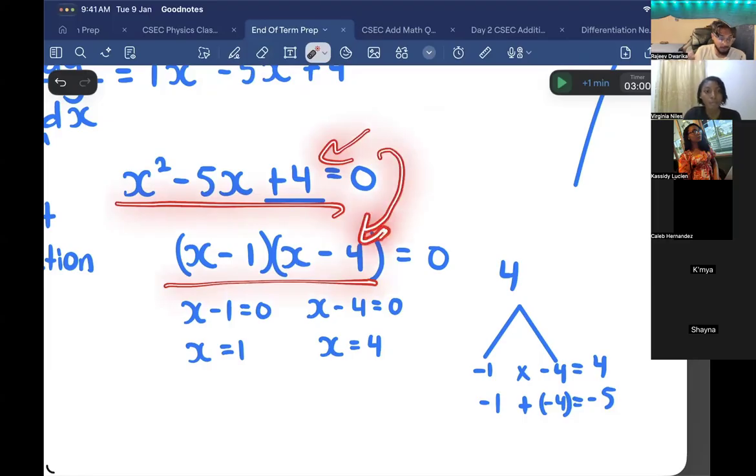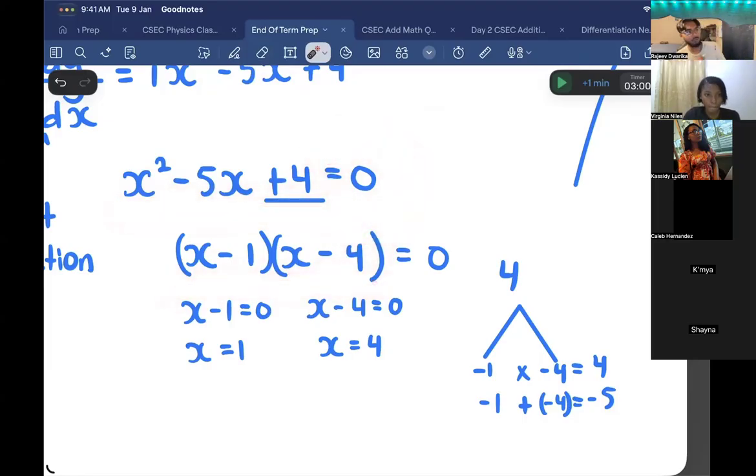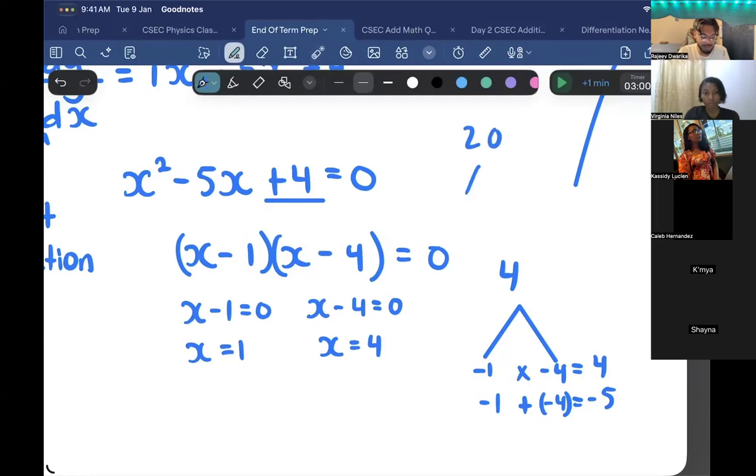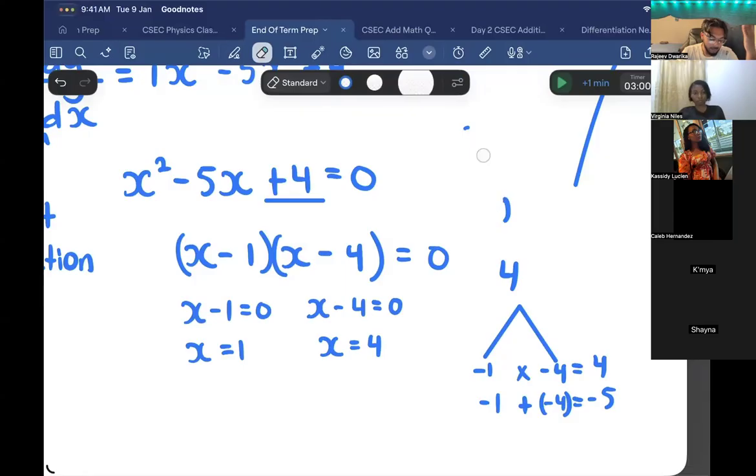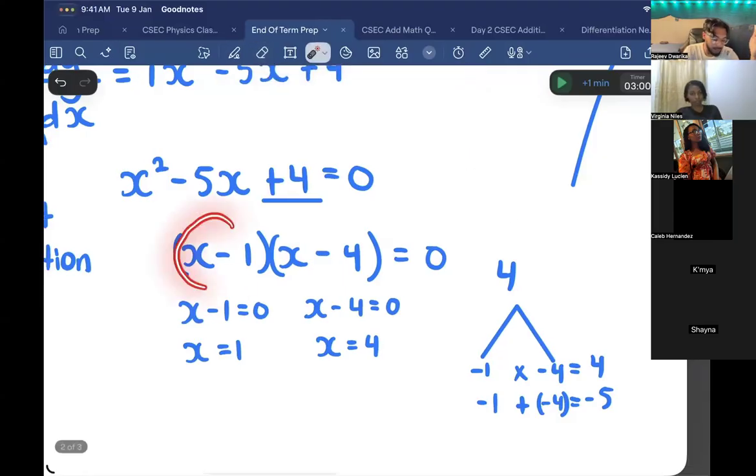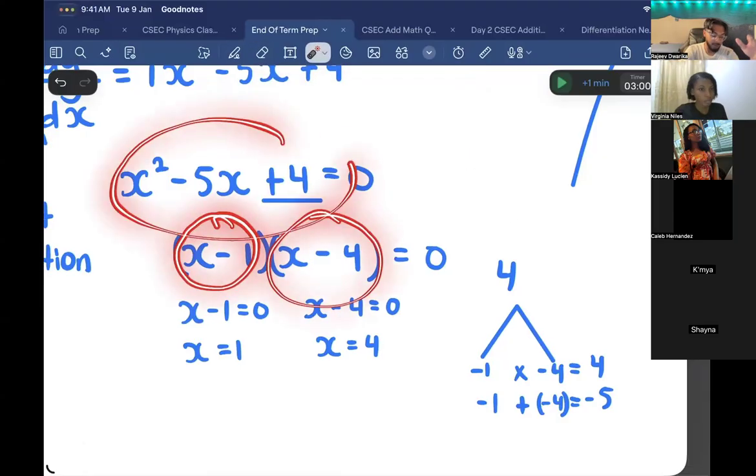Right. So anytime you factorize something, you're writing it as a product of its factors. I'm going to show you an example, like 20. 20 is the same thing as 5 by 4, yeah? Yes, so 5 is a factor of 20 and 4 is a factor of 20. The same way here, x minus 1 and x minus 4 are both factors of x squared minus 5x plus 4.